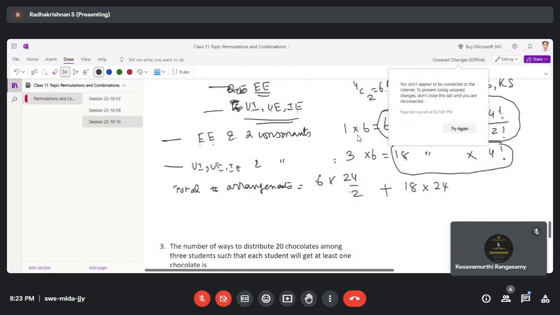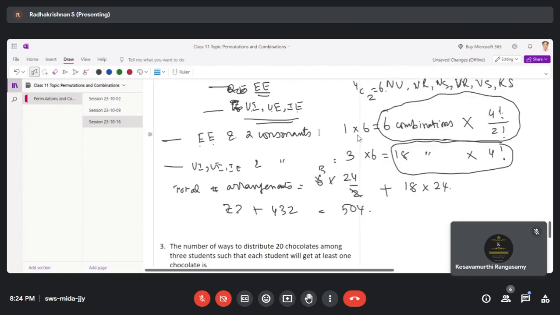So this is 72 plus this is 432, right? 18 into 24 is 432, so 72 plus 432 is 504.